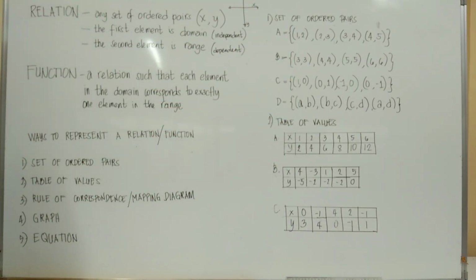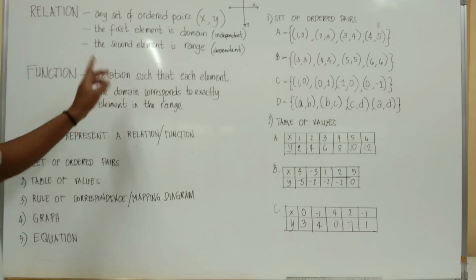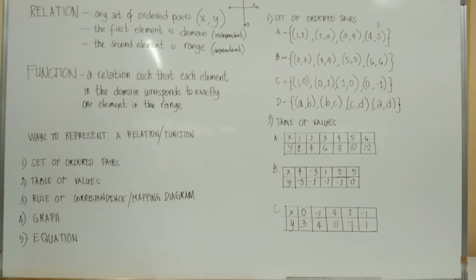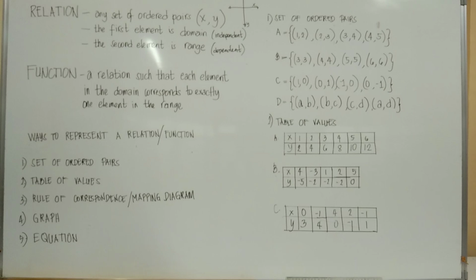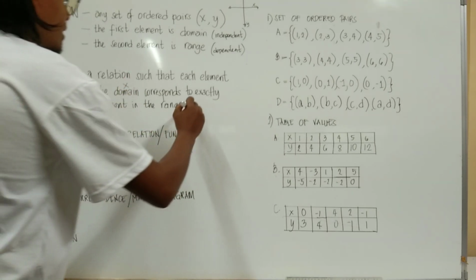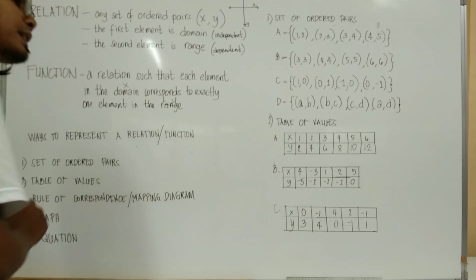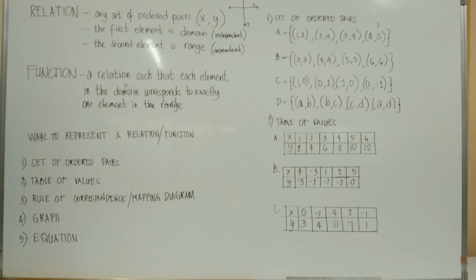So again, let's go back to the definition of your function. A function is a relation such that each element in the domain corresponds to exactly one element in the range. Again, your domain is your X and your range is your Y. Okay, so simple.